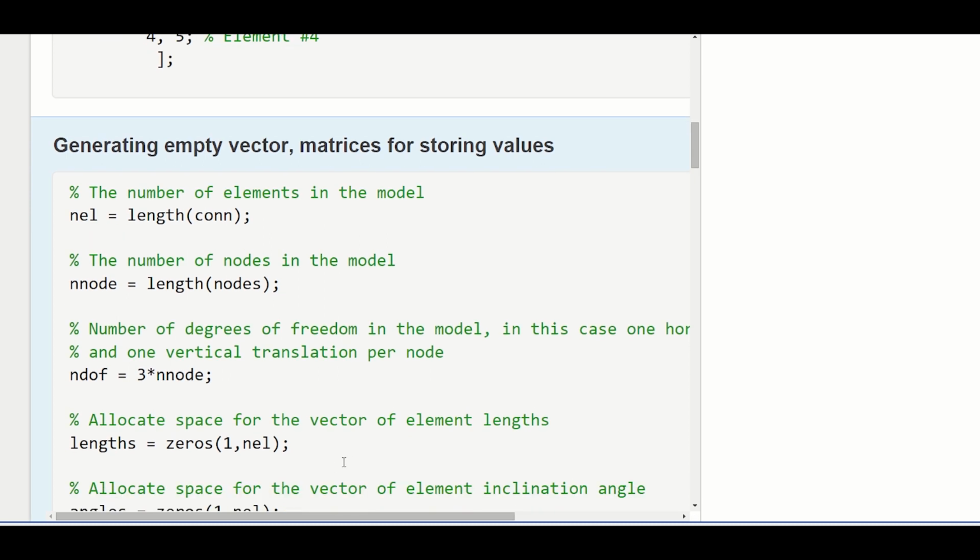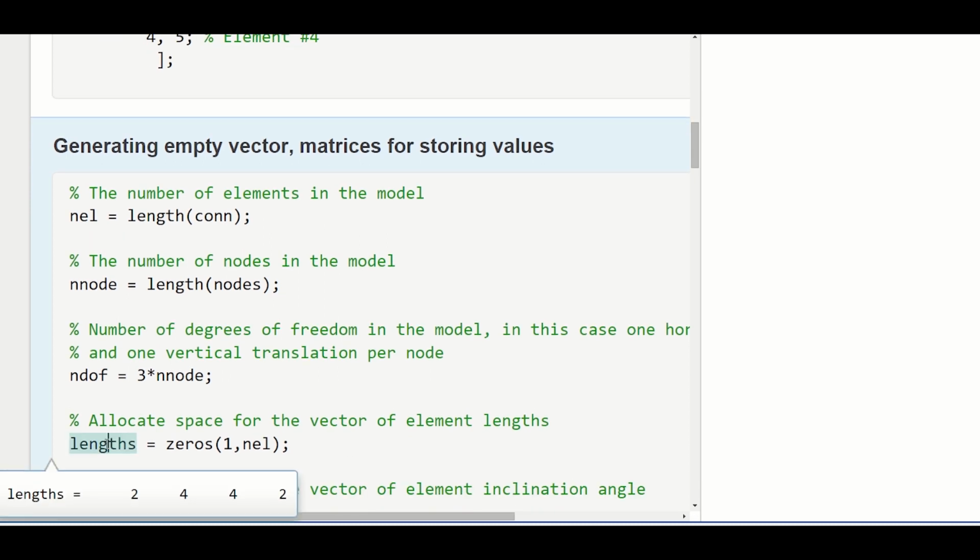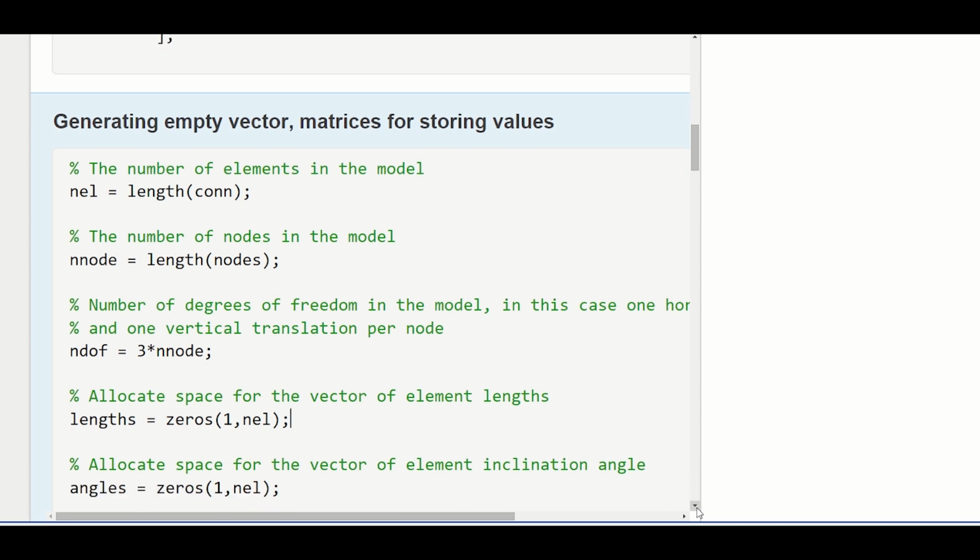Then I created the length vector, which stores each element's length, and I also created the angles vector, storing the angle of each element.